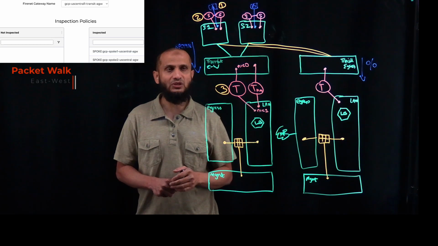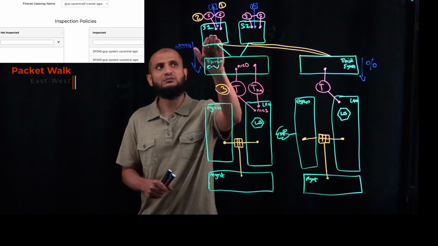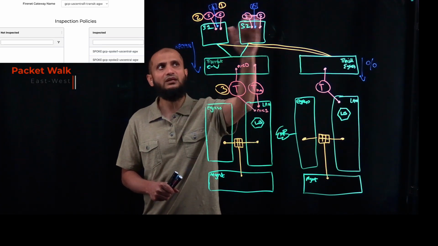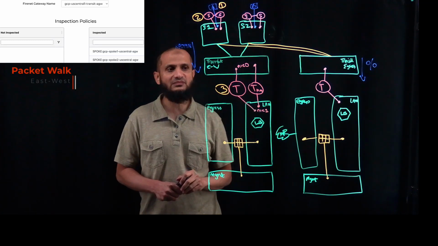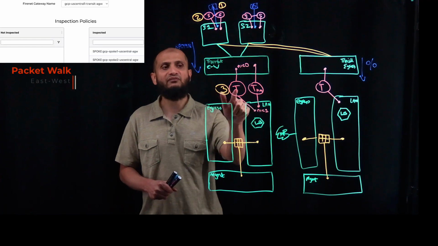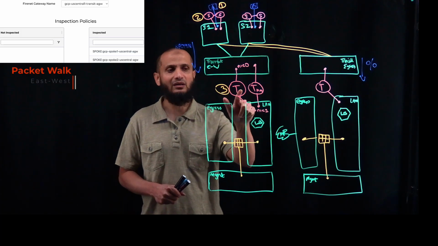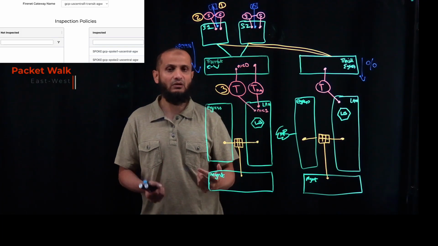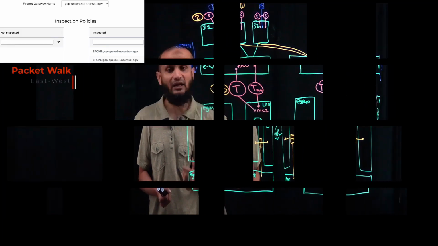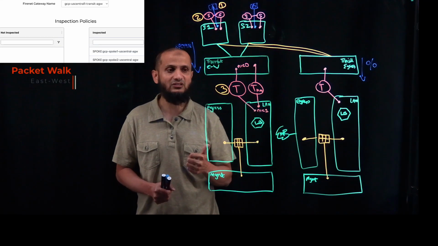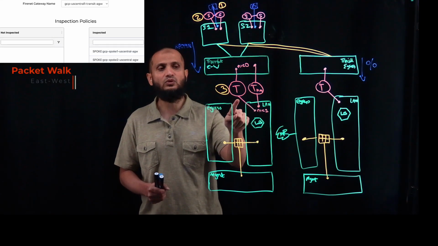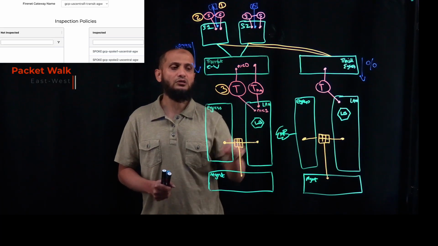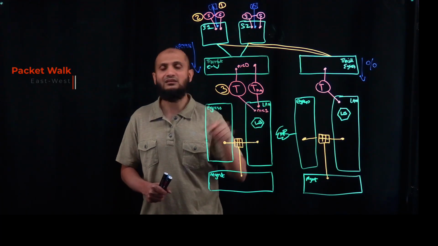To make things much easier, let's consider both spoke 1 and spoke 2 gateways are all part of the inspection policy. So once the traffic reaches the transit gateway, it checks the inspection policy status, and the status is that it is under the inspection policy. At this point, it is going to send the traffic over to the load balancer using NIC 1.